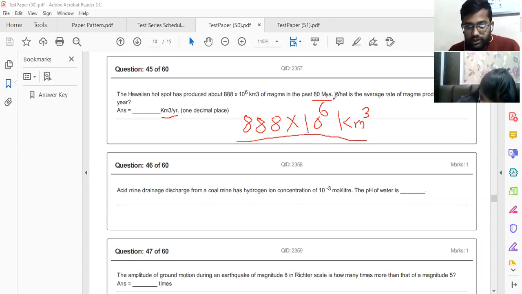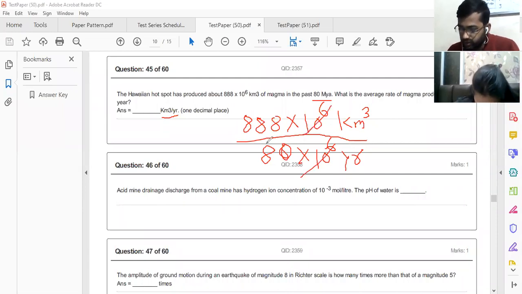Then 80 million year. We need year in denominator. So 80 multiplied by 10 to the power 6. Convert your million year into year. This is 80. So 10 to the power 6, 10 to the power 6 get cancelled. 888 divided by 80.